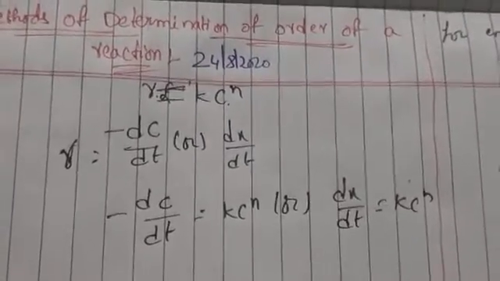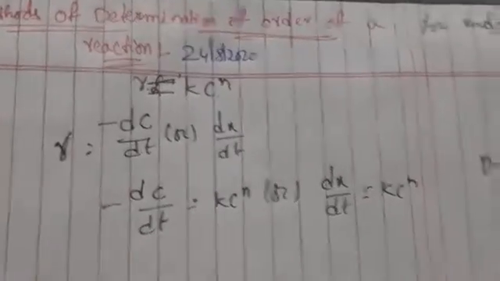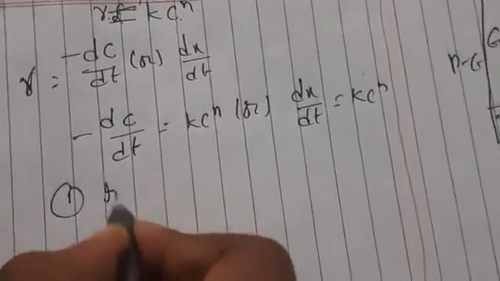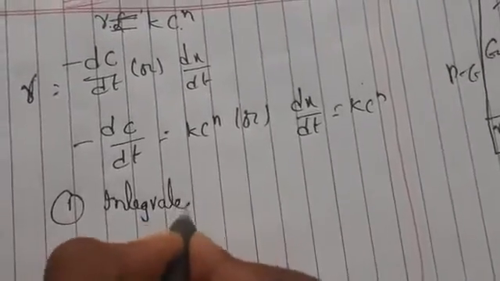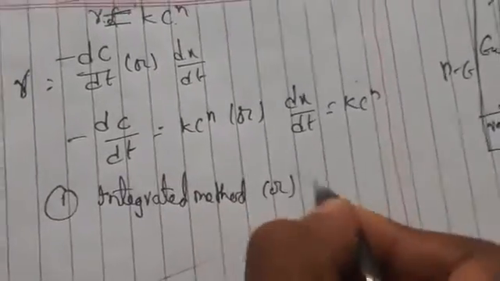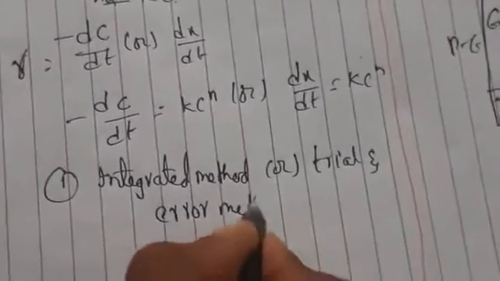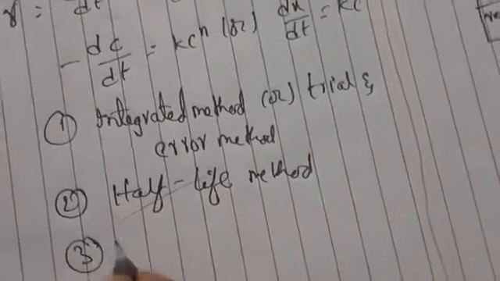Using these equations, the order of reaction can be determined, whether it is first order, second order or third order. We have some methods: the first method is the integrated method, or trial and error method. Next one, half-life method. Van't Hoff differential method.